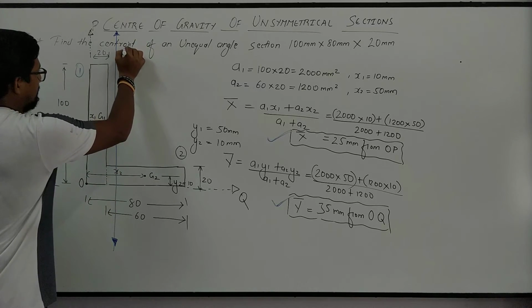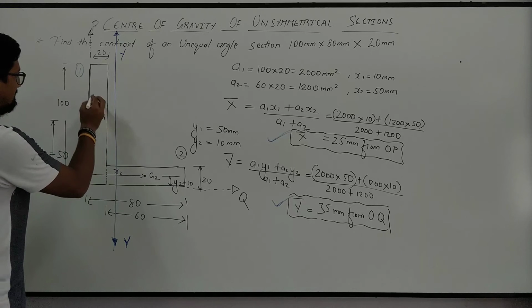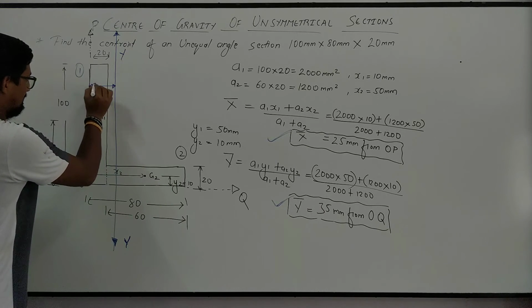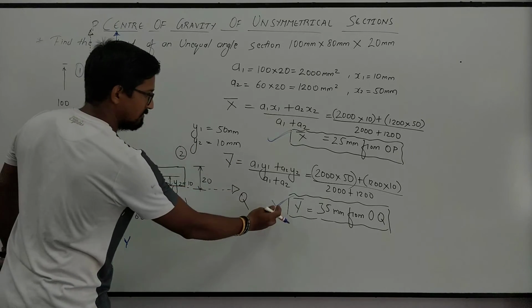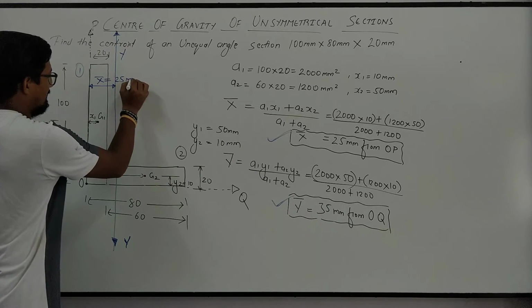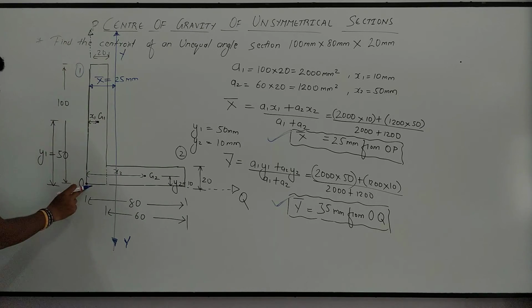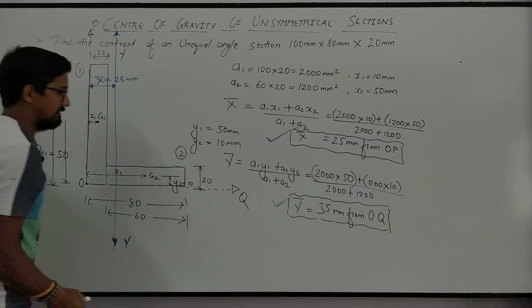So this is the y axis, and this distance is called x bar, which is equal to 25 mm. So x bar is equal to 25 mm from reference axis OP, which I have calculated here.